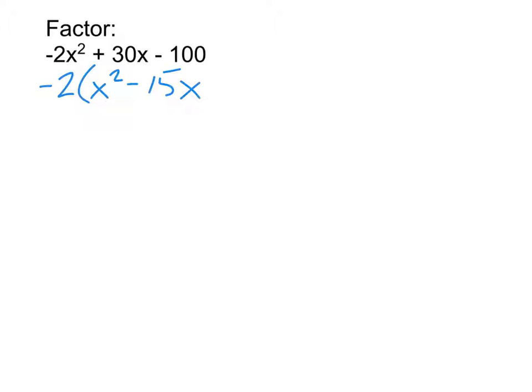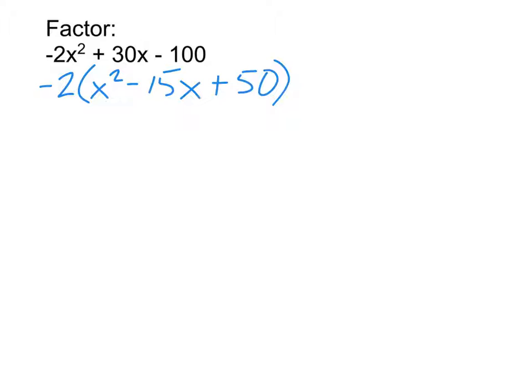We're factoring out that -2, so that's division. And then the -100. If I pull the -2 out of -100, that leaves me with a positive 50. And notice we really are just using the distributive property backwards. If I multiplied this -2 back into all three of those terms, I would get what I started with. So that's why we can think of it as dividing out the -2.